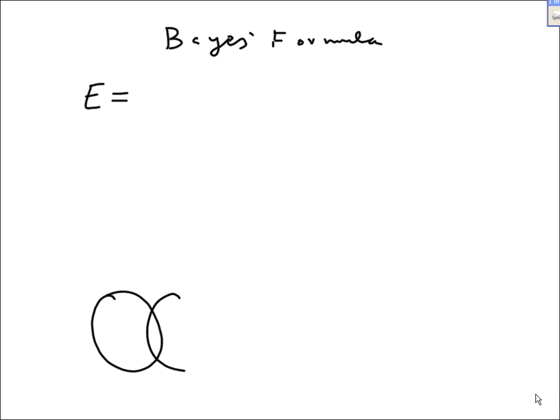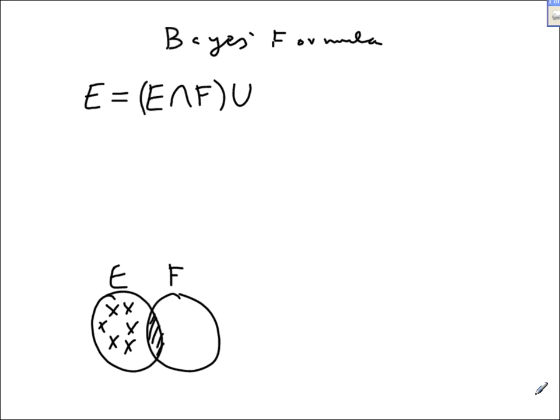You have E and you have F. You could be in E in this area, which is E intersect F, or, in union, you can be in E over here, not in F. You're in E, and you're not in F. That is, you're in E, and you're in F complement. And these two sets are clearly disjoint. They have nothing in common.